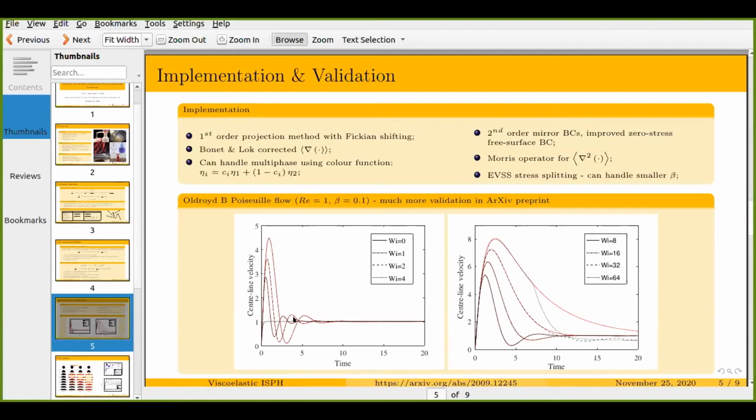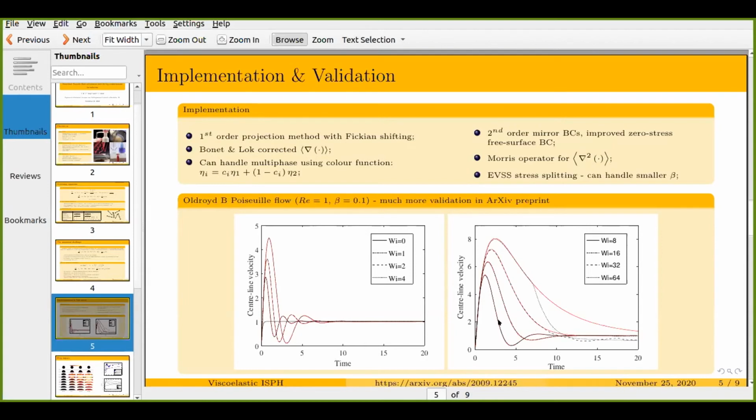So previous viscoelastic SPH could barely handle this Weissenberg number equals 1 line. Here the red lines are our SPH simulation and black lines are the analytic solution. So you can see for our new model, we've got all the way up to Weissenberg number 1, 2, 4, 8, 16 being really very accurate.